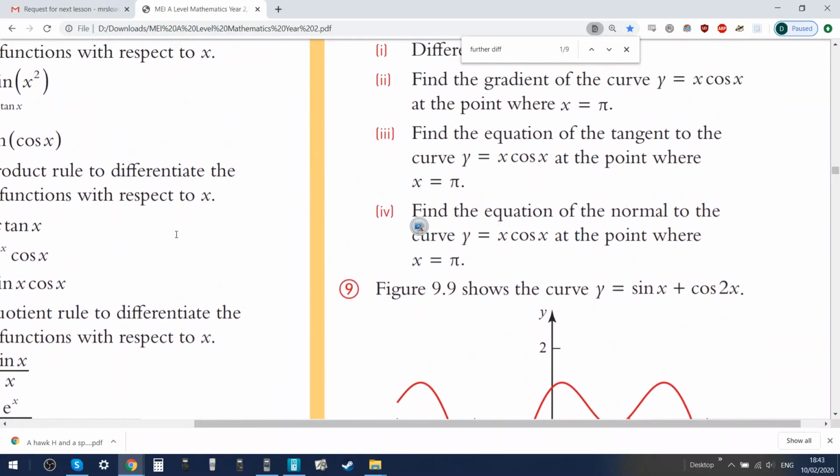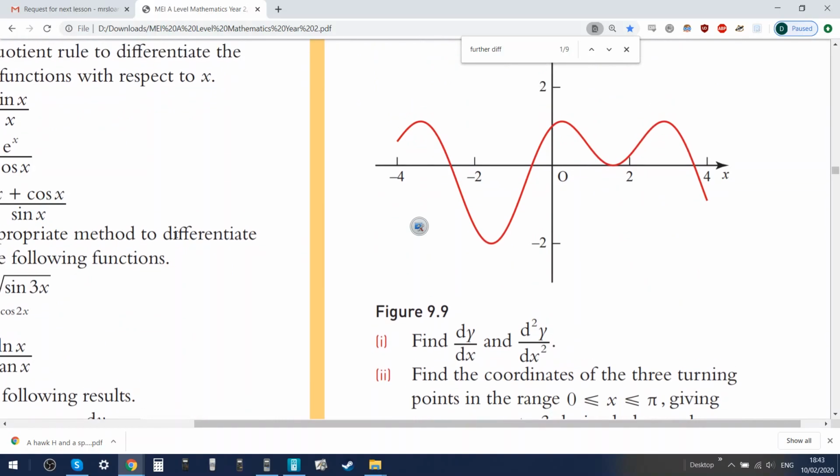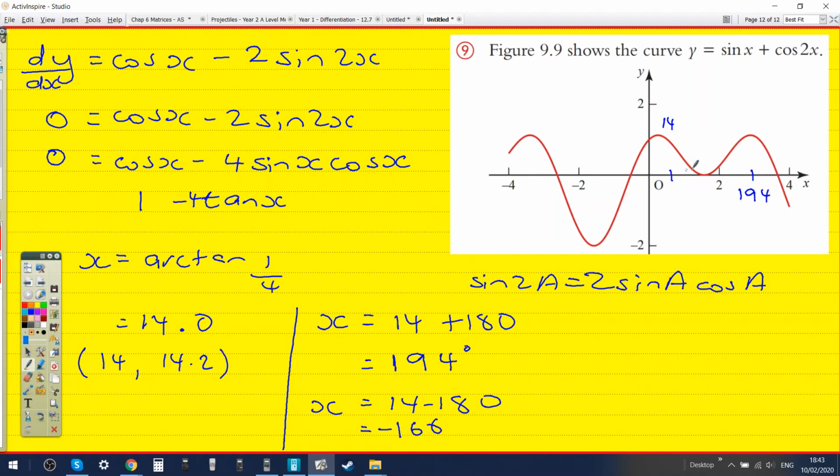Did they want the 3 points in the range between 0 and pi? So they wanted these 3 actually. Oh, so maybe this one here is the 194.